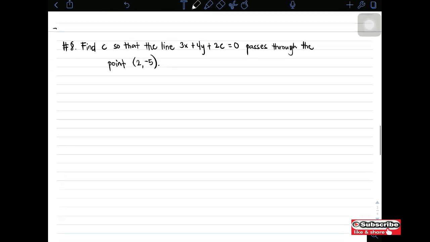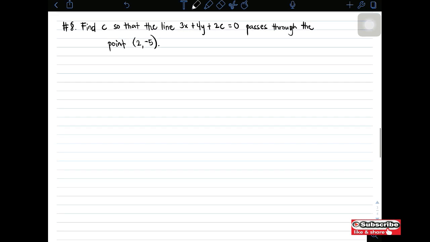Continue natin. Ito na. Medyo madali lang to kaya itong i-mental calculate ng ating mga estudyante. Sabi dyan, find c so that the line 3x plus 4y plus 2c is equal to 0 passes through the point 2, negative 5. Dito, possible kasi na ma-view to ng mga mathletes natin in a difficult way. Kasi, find c. So, ganito ang gagawin natin. You need to analyze the given problem.